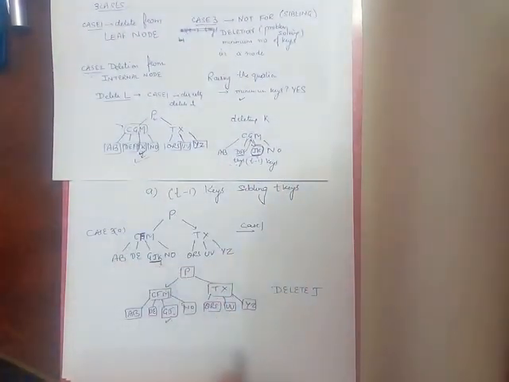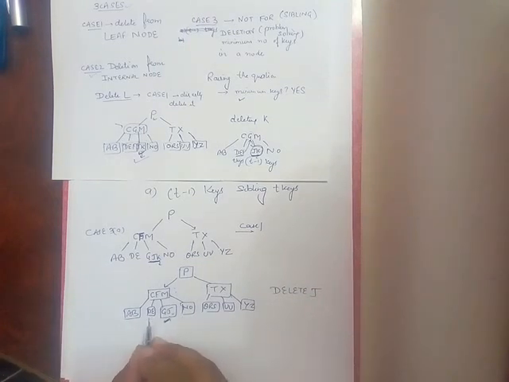In case 3a, we have to see if any sibling of that particular node has at least t keys, and here we see its left sibling is having t minus 1 keys and right sibling is having t minus 1 keys. In that case, case 3b is applied.